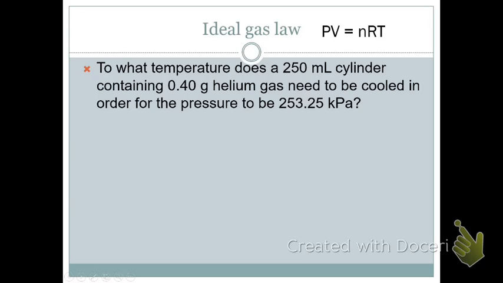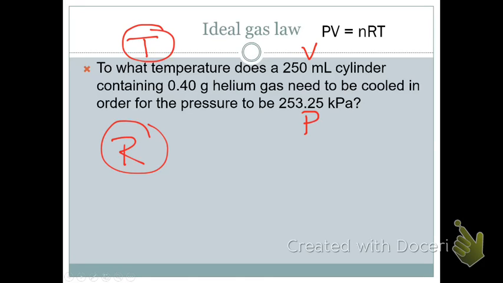Our volume is given, our pressure is given, we need to find our temperature. And of course the R value will be given to us.